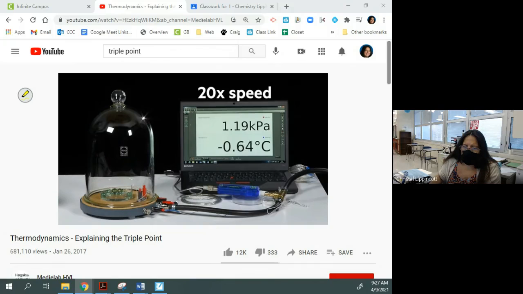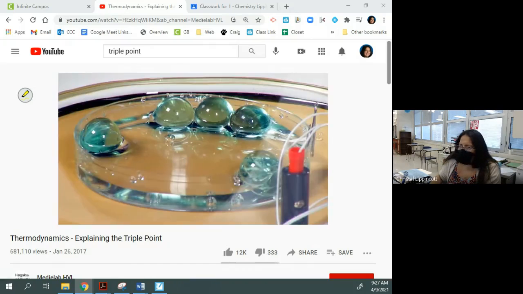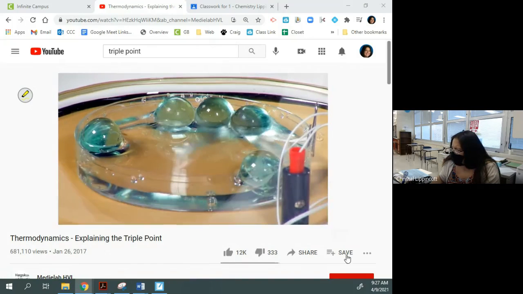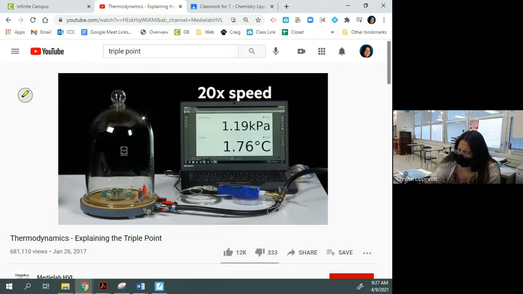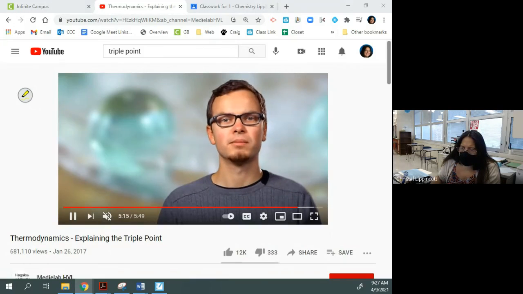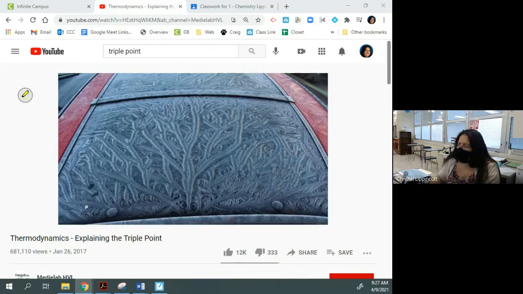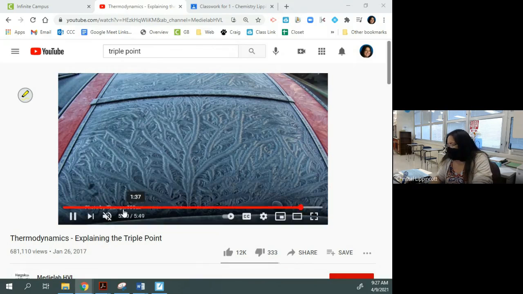Okay, so that's really low. What did he have for the kilopascals there? 1.19 kilopascals. Yeah, he's got the pressure way down.